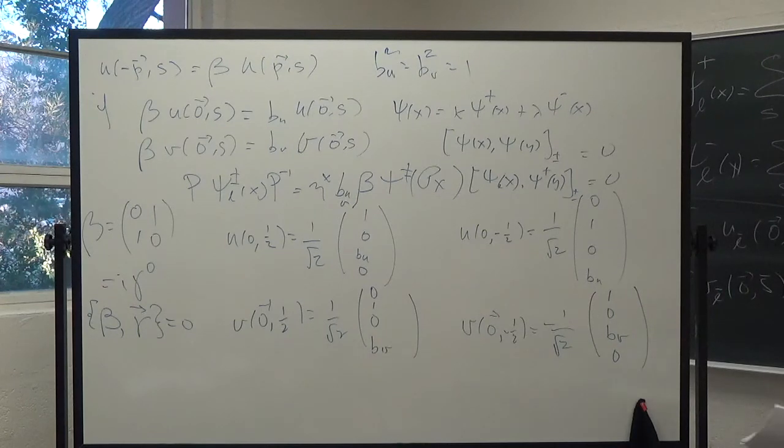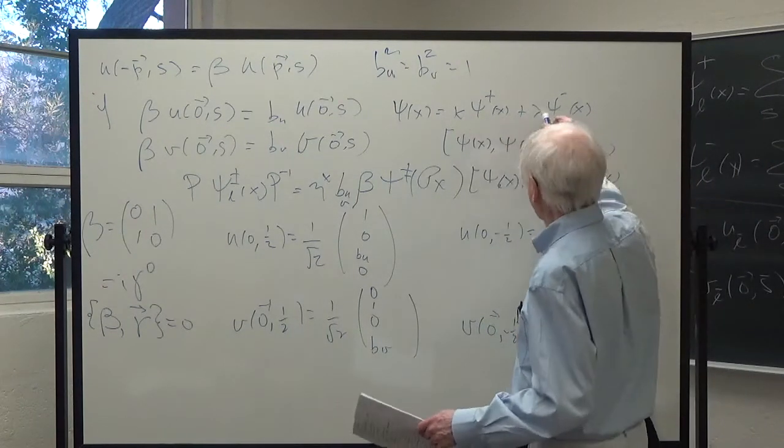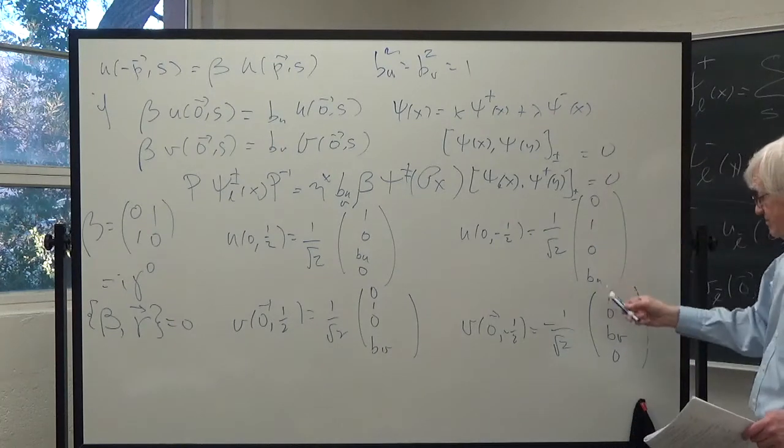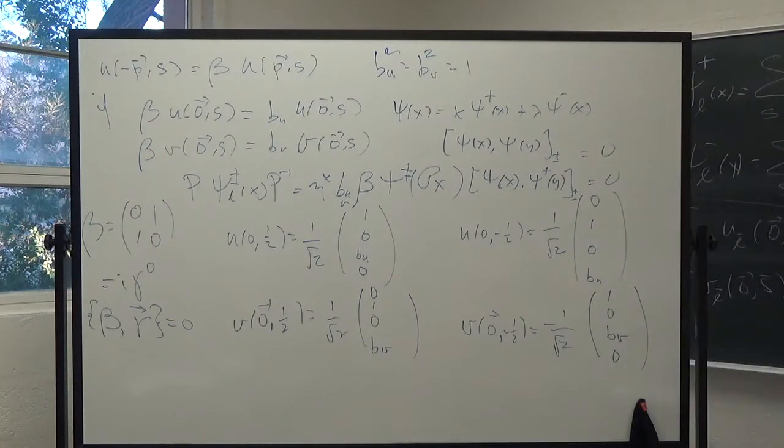The freedom we have is to choose kappa and lambda, and to choose the phases BU and BV, or the signs. BU and BV are just plus or minus 1.